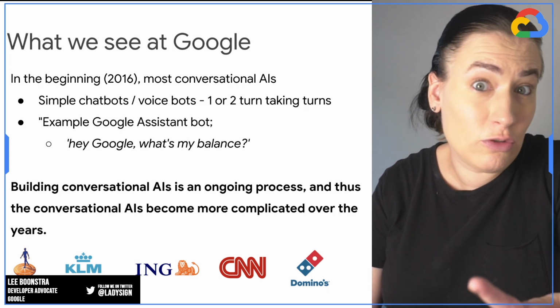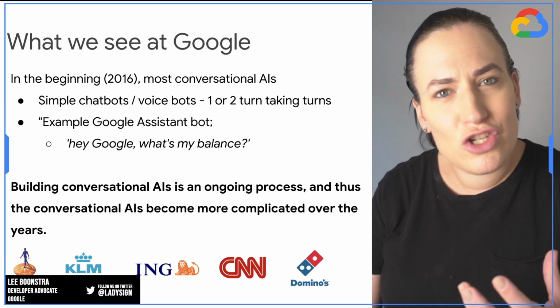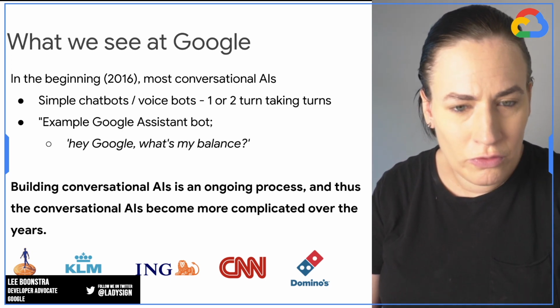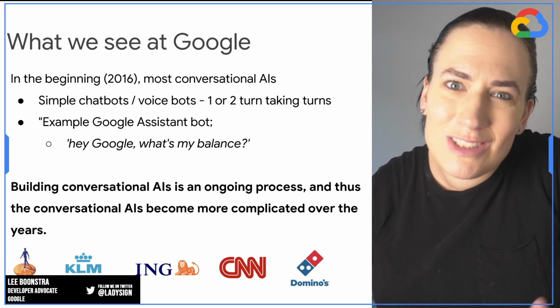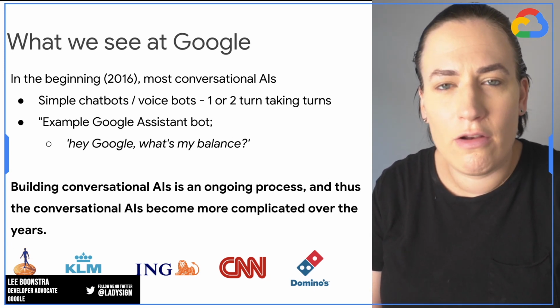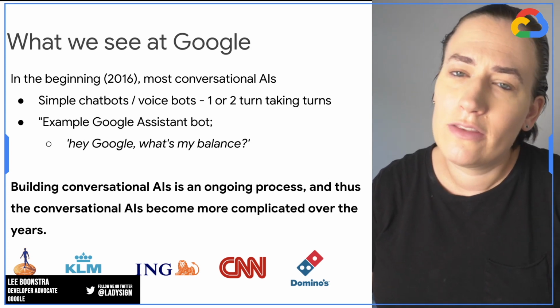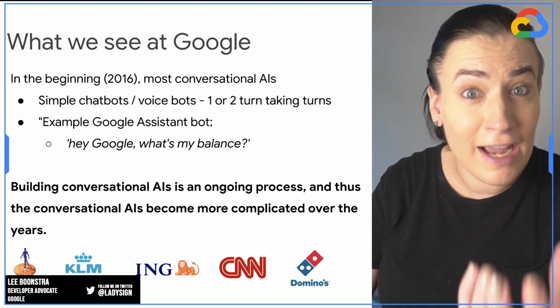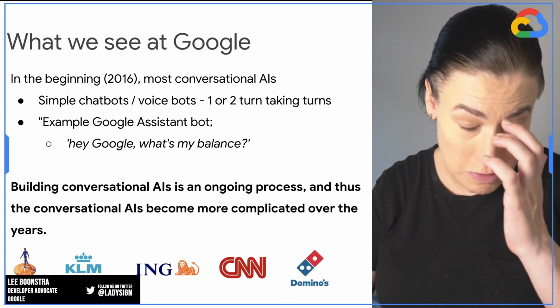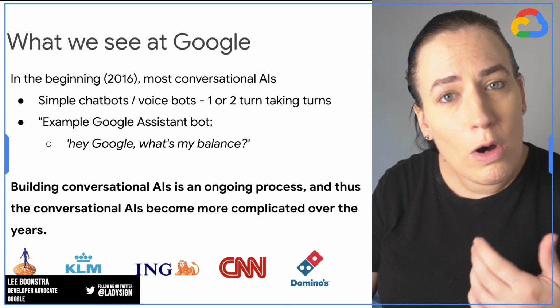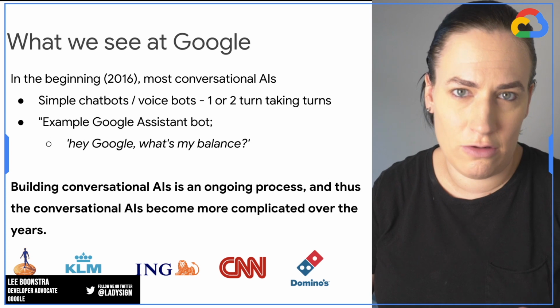In the beginning, in 2016, most of the chatbots built with these tools were simple chatbots. They were building Google Assistant actions with Dialogflow, and typically the dialogues of these chatbots or voice bots took one or two turns.